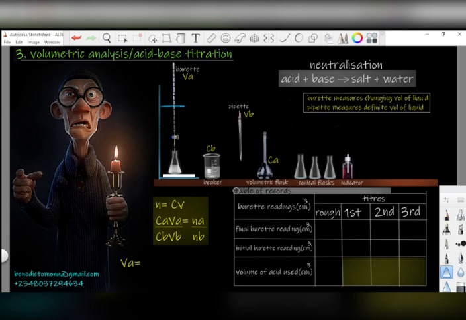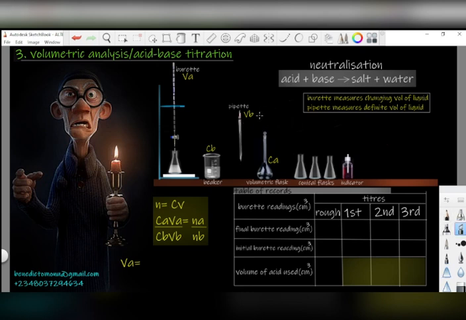Now here we are. For the purpose of this explanation, we're going to have our acid poured, using a funnel, into the burette that is locked. Next, we pour it such that it gets to the 0 mark on the burette, which tells you it is filled up. Next, for the base, we use a pipette and a pipette filler to collect a definite volume of the base.